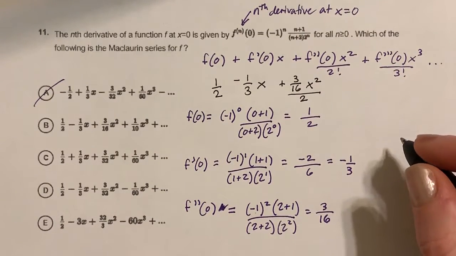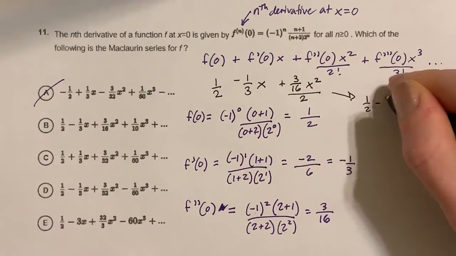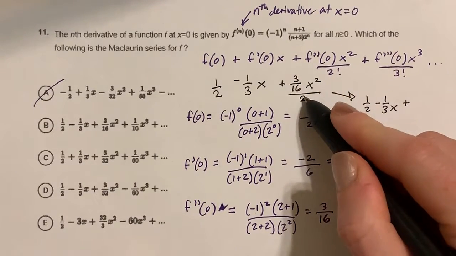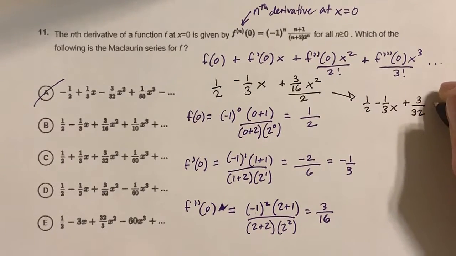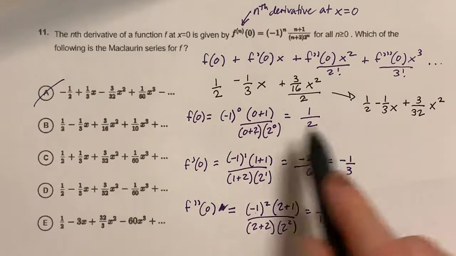Okay, so if I simplify this a little bit, this is 1/2 minus 1/3 x. 3/16 divided by 2 would be 3/32 x squared.